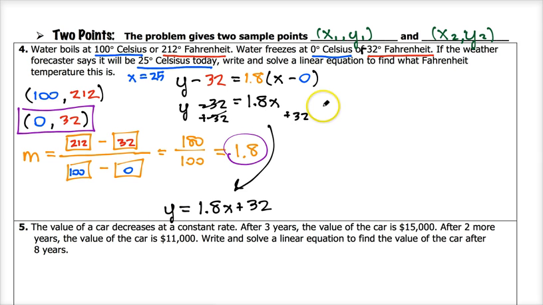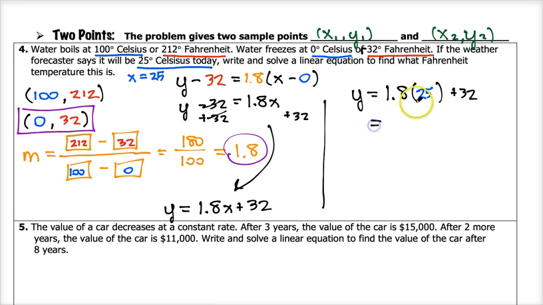So we're going to take this equation we have, substitute 25 in for x, so 1.8 times 25, and add 32. If we do this correctly, we get 77. So this says that it is 77 degrees Fahrenheit whenever it is 25 degrees Celsius.